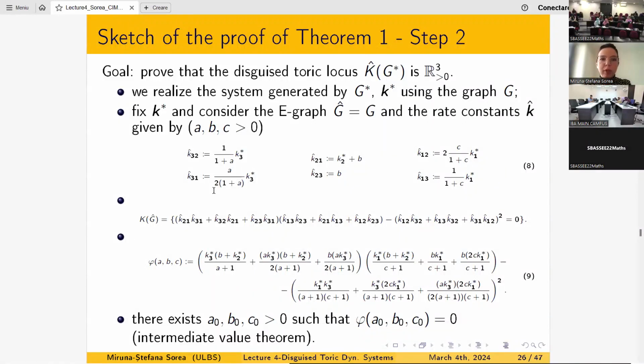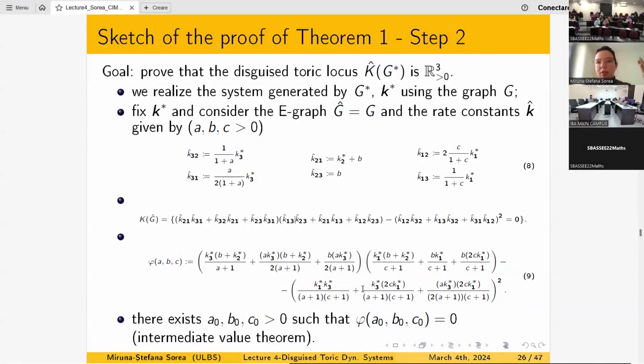If you think of what I was defining before, a system is disguised toric if there exists a realization, given by a G hat, say, such that G hat and K hat satisfy the complex balance condition. So by showing this, we proved that G star is disguised toric.